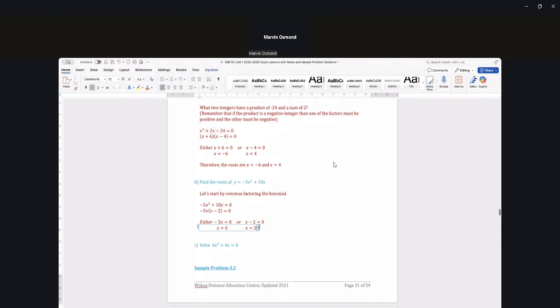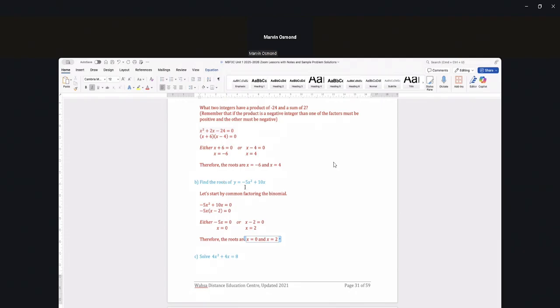So if I were to plot this on a graph, what am I going to get? The zeros, or the roots, are x equals 0 and x equals 2.